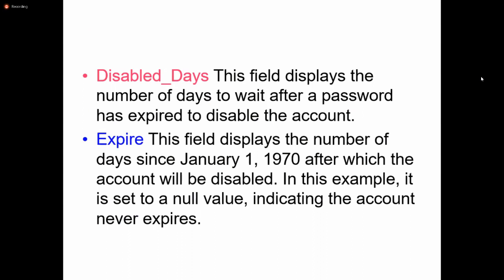Disable days displays the number of days to wait after the password has expired to disable the account. If you put this value, let's say 7 days, then 7 days after the password is expired, it will automatically disable the account. Expire shows you the expire date of the account.